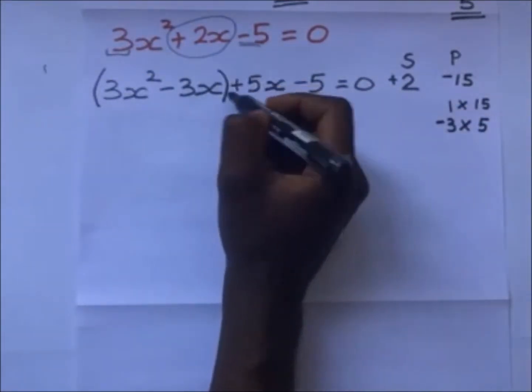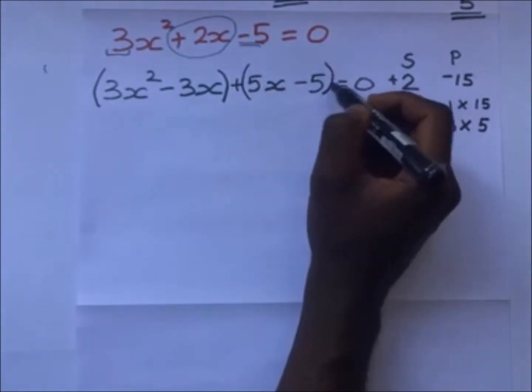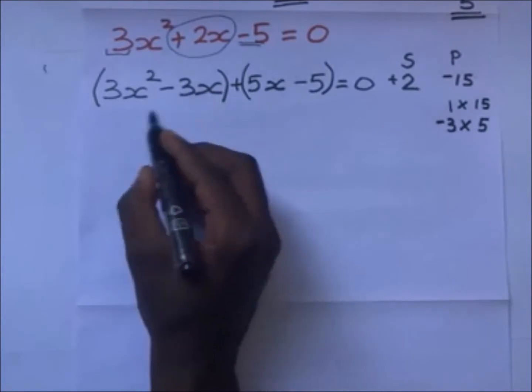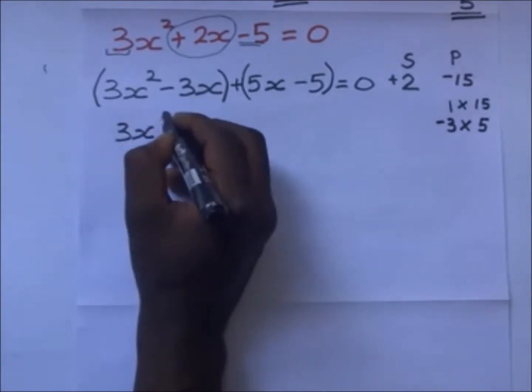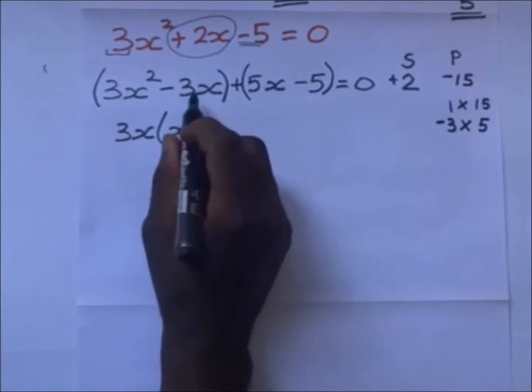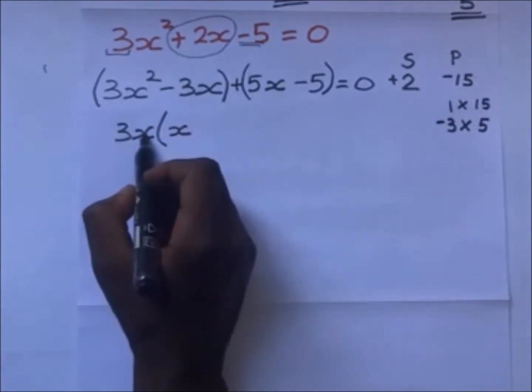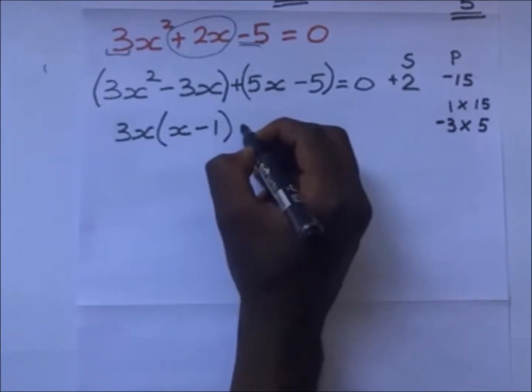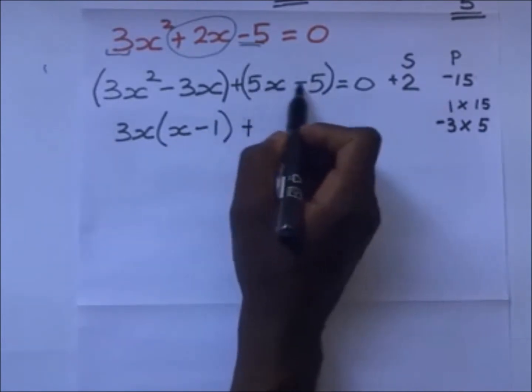We put brackets here and there. The common factor here is 3x. We put 3x outside the brackets into 3x squared divided by 3x, which leaves x, and negative 3x divided by 3x, which leaves negative 1. Then plus, the common factor here is 5.